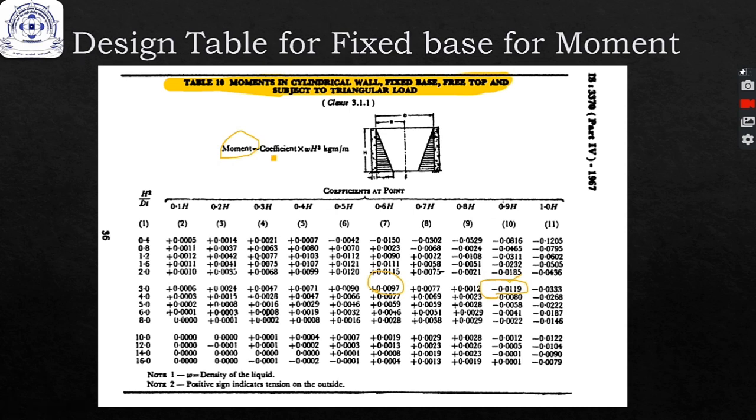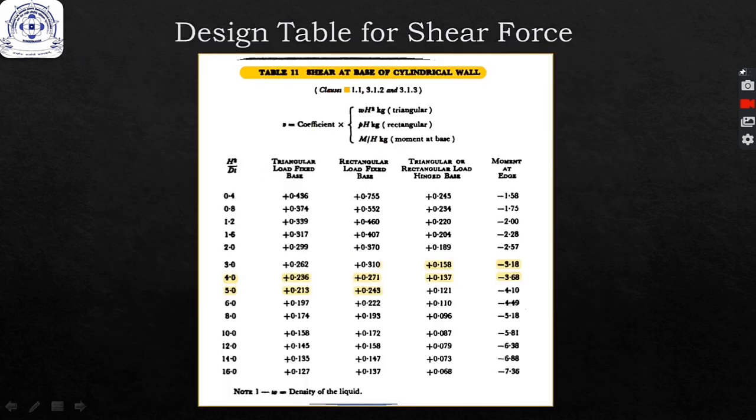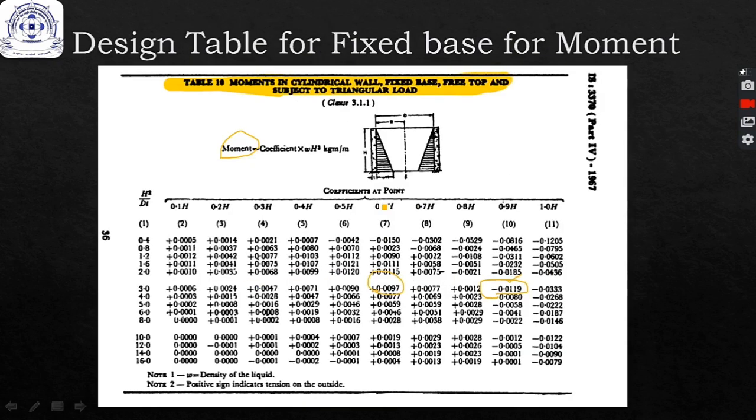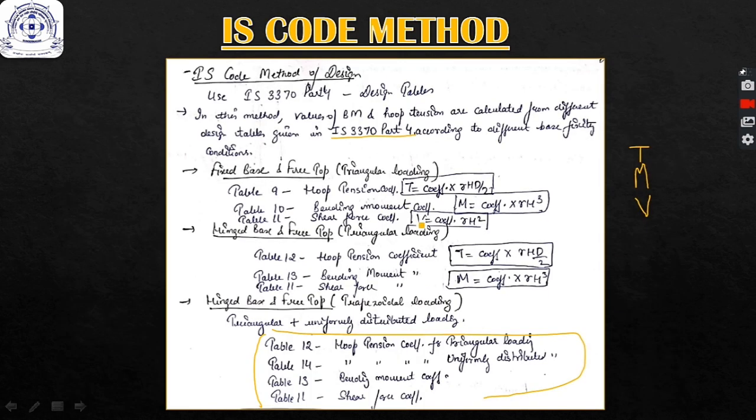So this is how these tables are used. Similarly, you can calculate the shear force if required. This is for triangular. For shear force, we have only one table for different cases, like triangular load fixed base, rectangular load fixed base, triangular load or rectangular load hinged base. So all the cases are given in this particular table. I hope you understand how the IS 3370 part 4 tables work.